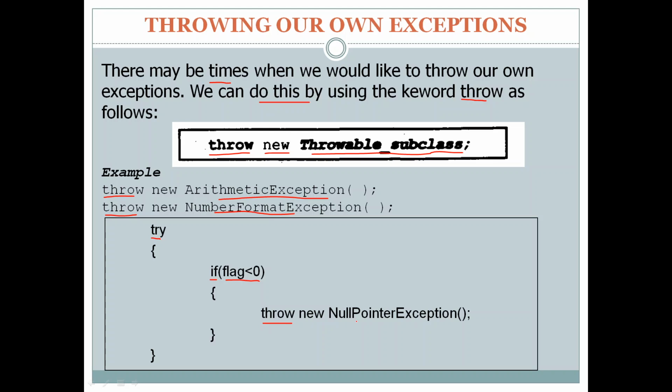Throw new NullPointerException. Usually when flag is less than 0, the JVM will not generate any exception, but we as programmers want the exception to be thrown when the flag is less than 0. In such cases we can manually throw an exception by using the throw keyword.